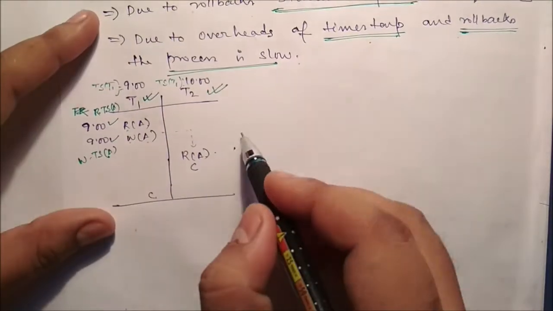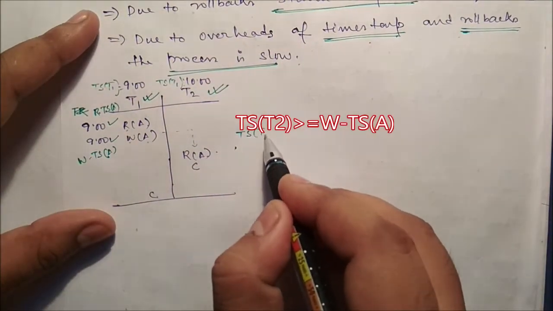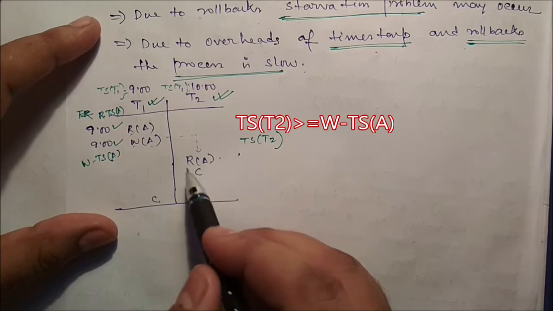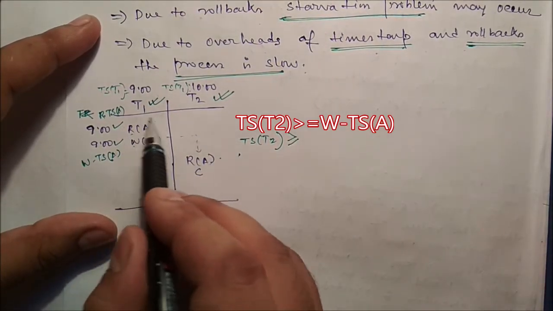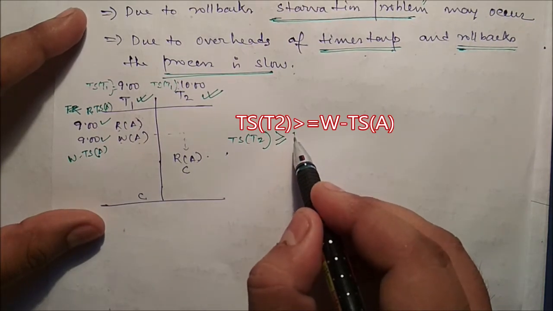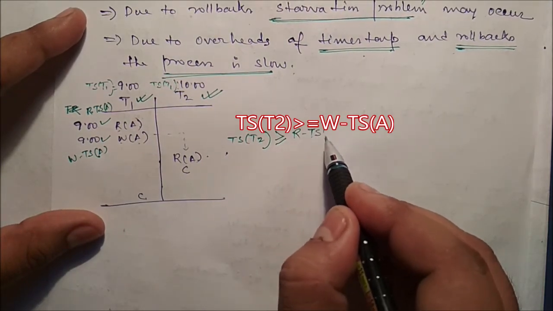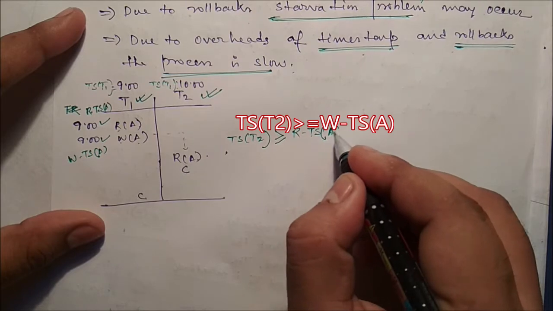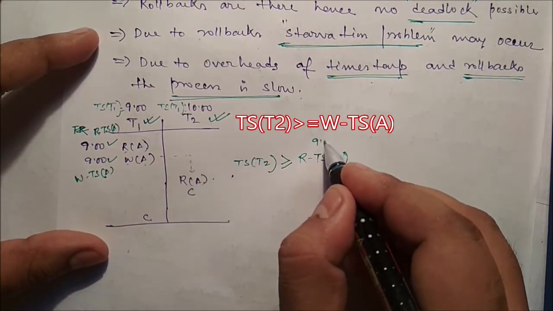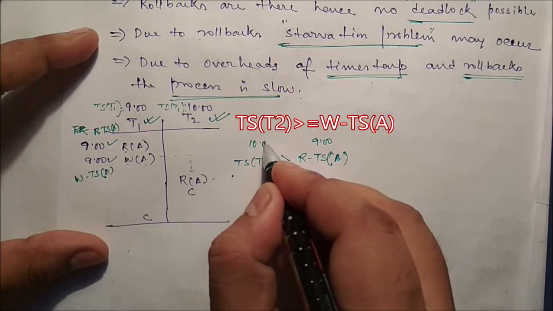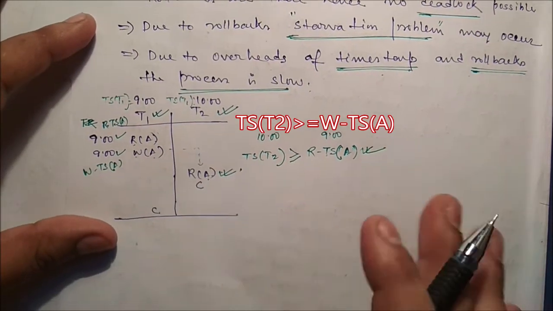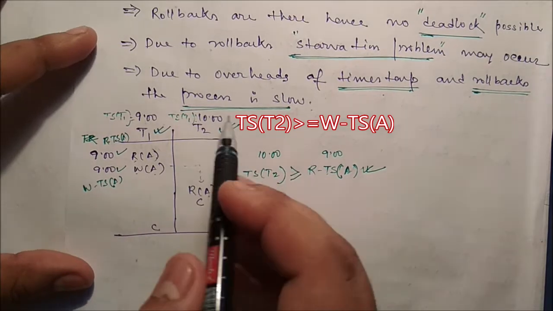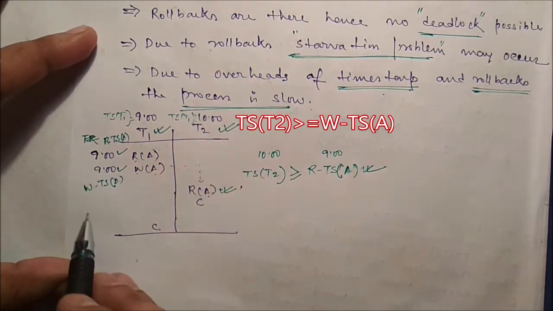Here you can see TS(T2) wants to read the A variable, which is greater than or equal to the last successful write timestamp of A, which is 9 AM. Here it is 10 AM, so this condition is true. That means it is allowed to read the variable. Are you getting this one?